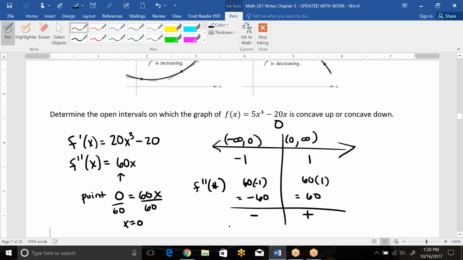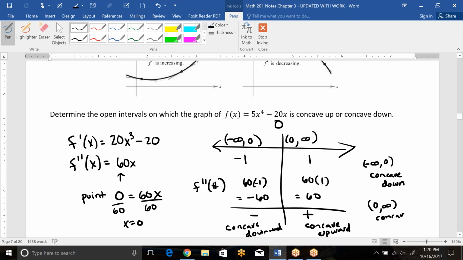So that means this part is concave downward, and this part is concave upward. Okay. So that's how we see that. So you can write the open intervals. You could say on -infinity to 0, I'm concave down. And on 0 to infinity, I'm concave up.